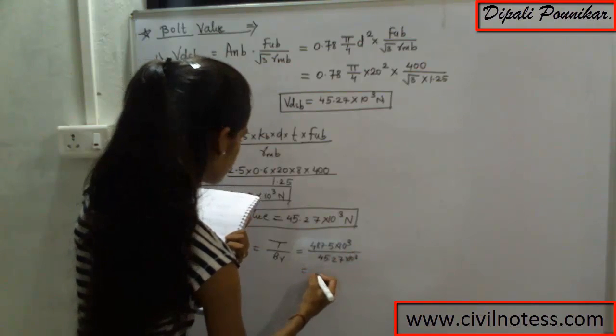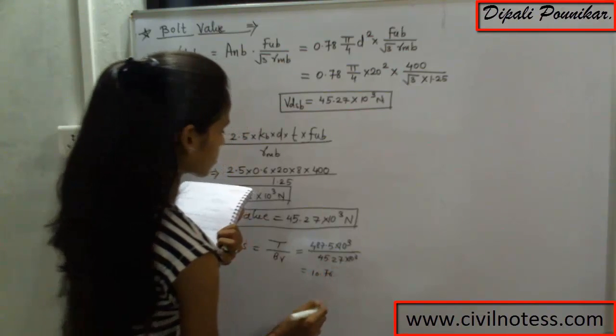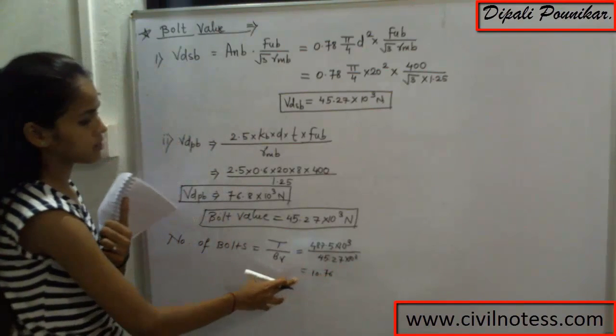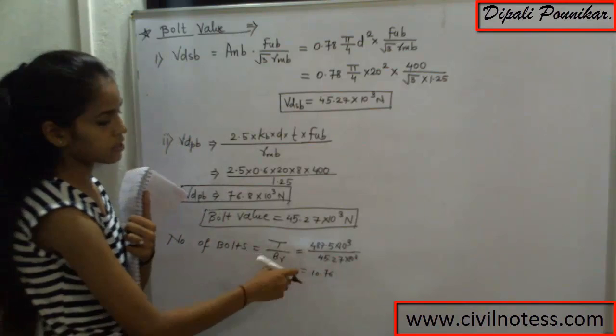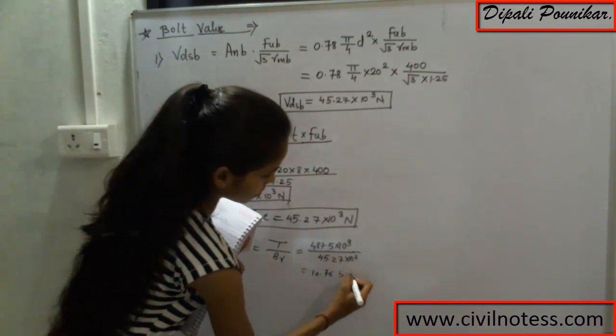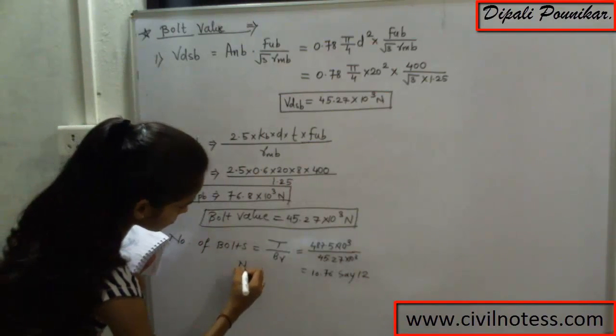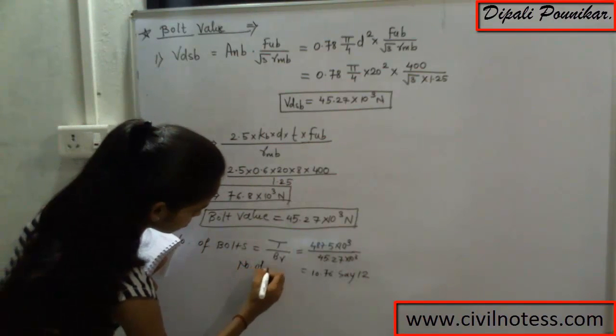We get 10.76. We have to round it up to 12 because we require an even number of bolts.